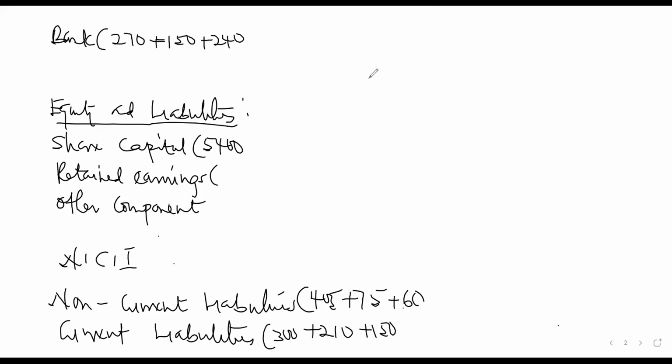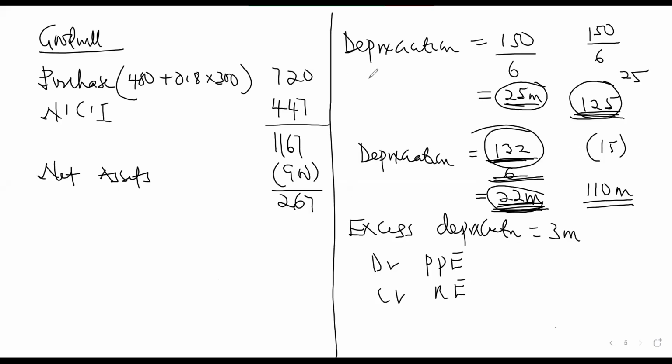Now we have to ask ourselves, the revaluation surplus of 210, was it added to the asset? It was added to the asset, wasn't it? Yes. So it means that the 210 is part of the PPE.